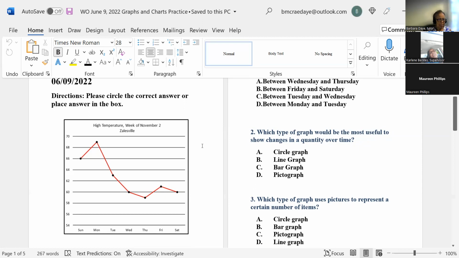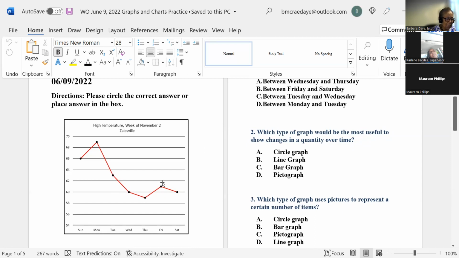Which 2 days have the longest space between the dots for a decrease? Monday and Tuesday. That's it, Maureen. Because Monday to Tuesday is a longer drop than Tuesday to Wednesday, because the line is longer. It's longer than Wednesday to Thursday.